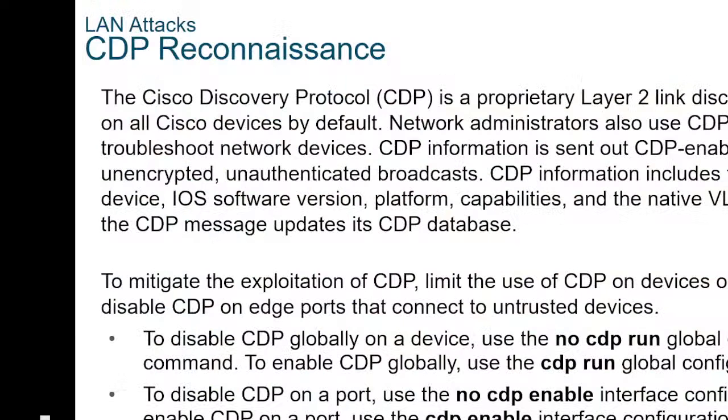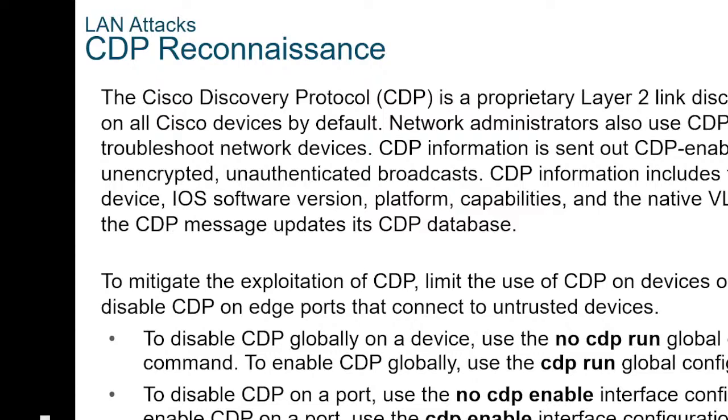One thing I want to show you is the CDP reconnaissance, right? This is Cisco Discovery Protocol, and every device has it turned on. We can actually see information.